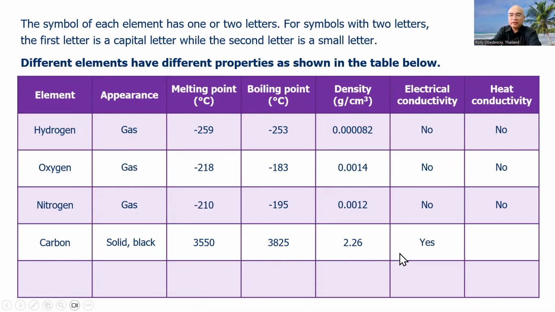And then, yes, there is electrical conductivity and there is no heat conductivity. What about calcium? It's solid. It's a dull gray color. It melts at 842 degrees Celsius and it boils at 1,484 degrees Celsius. The density is 1.55 grams per cubic centimeter. Yes, there is electrical conductivity, and yes, it is a heat conductor also.